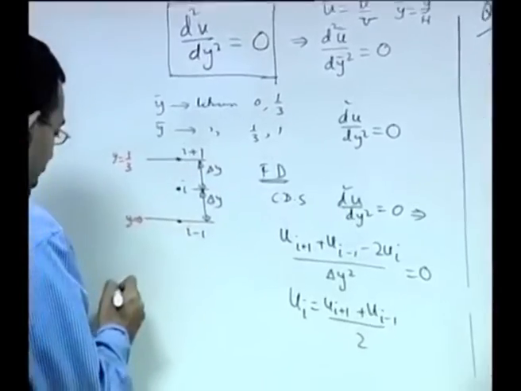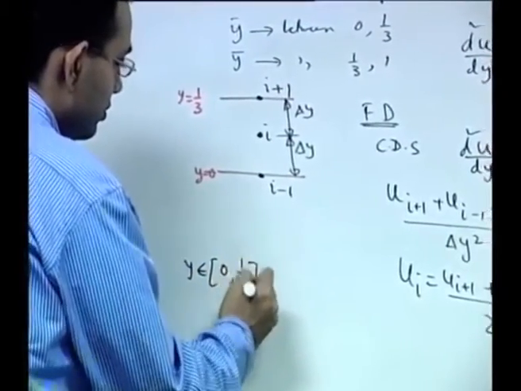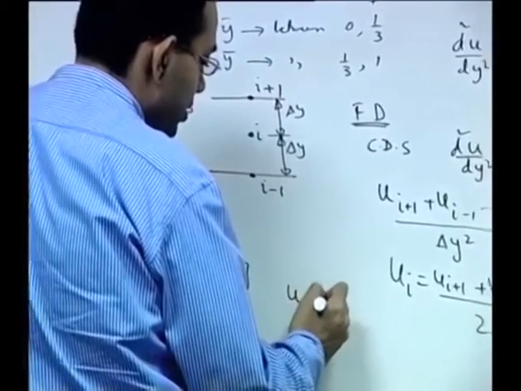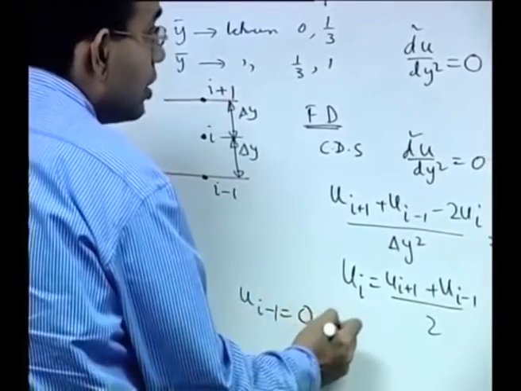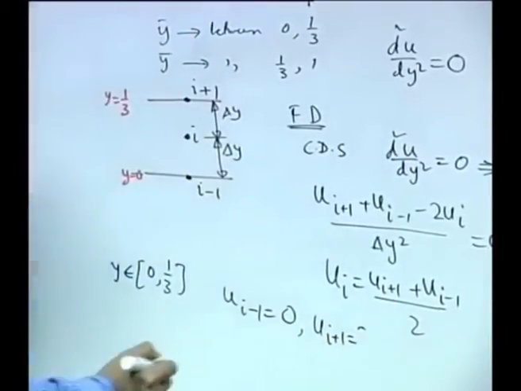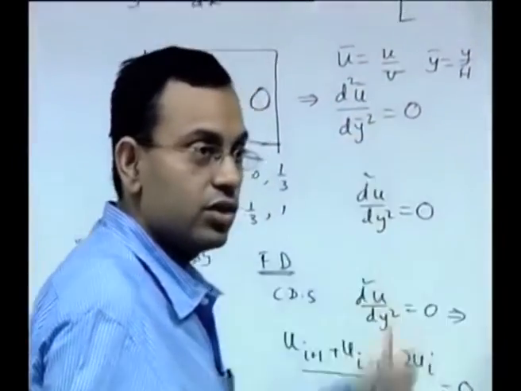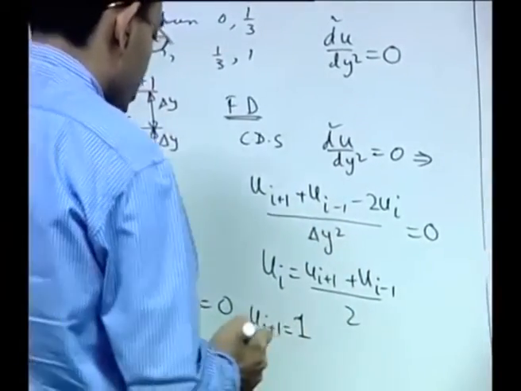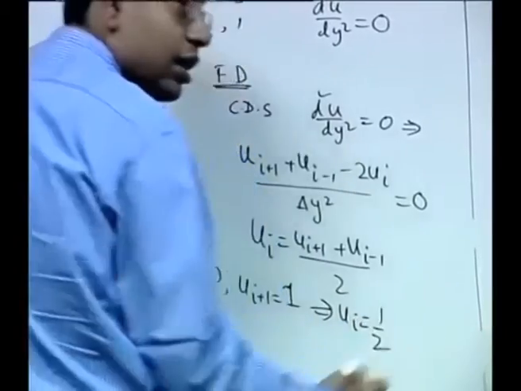For y between 0 to 1/3, u I minus 1 is 0, u I plus 1 is 1, non-dimensional 1, which means u I is equal to half.